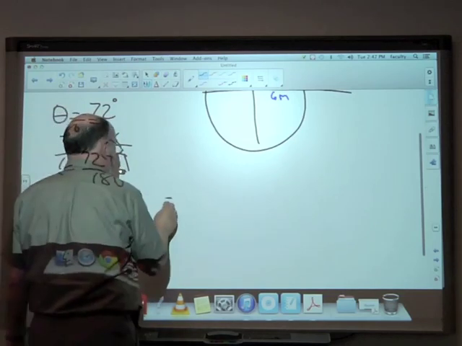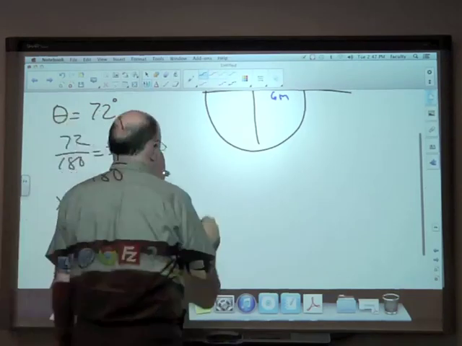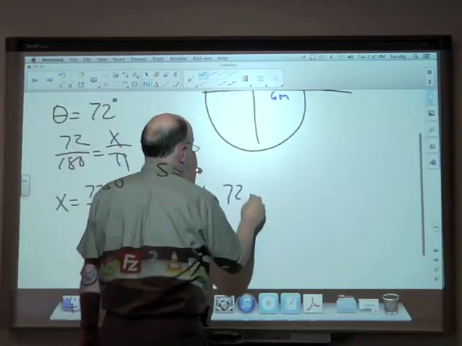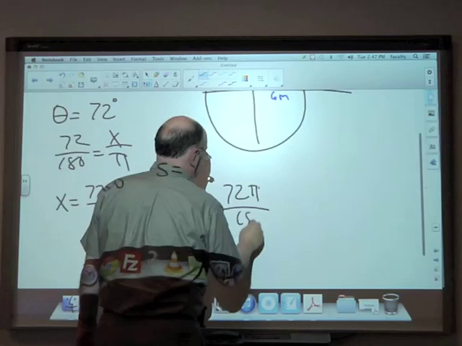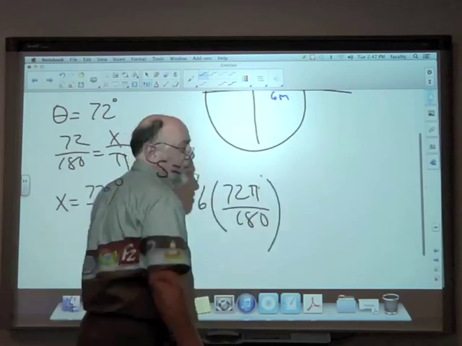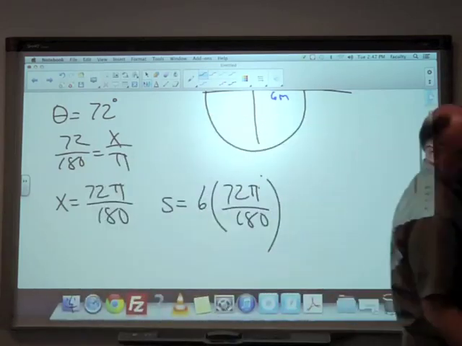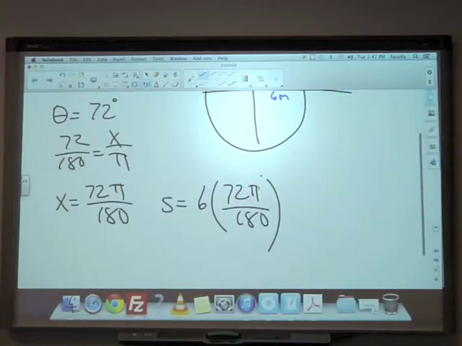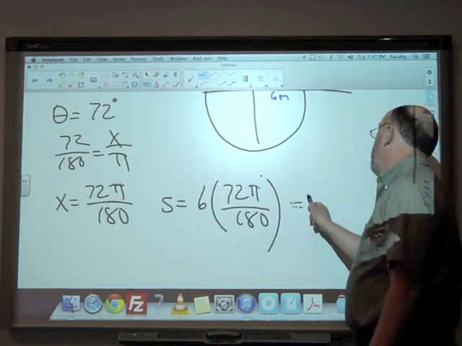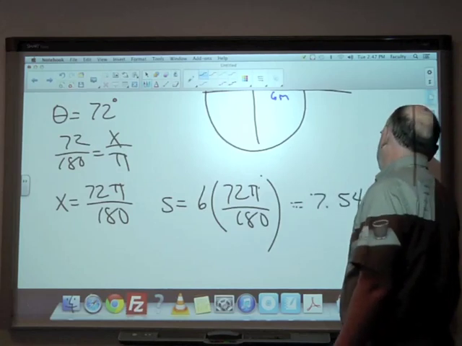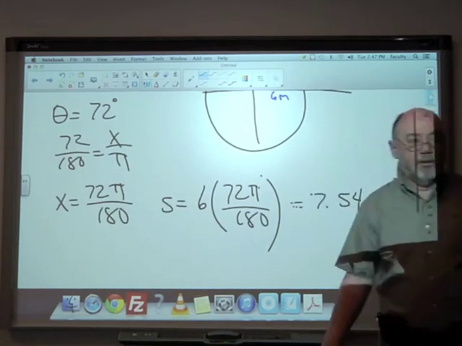I could say that S is going to equal 6 times 72 pi over 180. So all you have to do is go 6 times 72 times pi divided by 180. I don't care what that decimal number was. And you end up at 7.54, and that will be in meters.